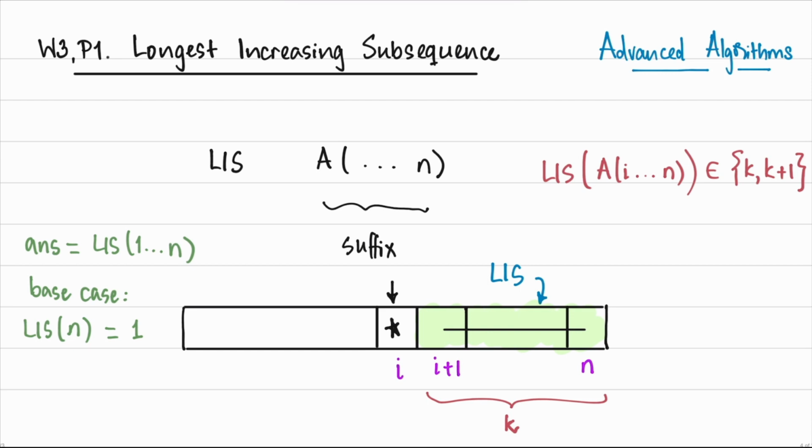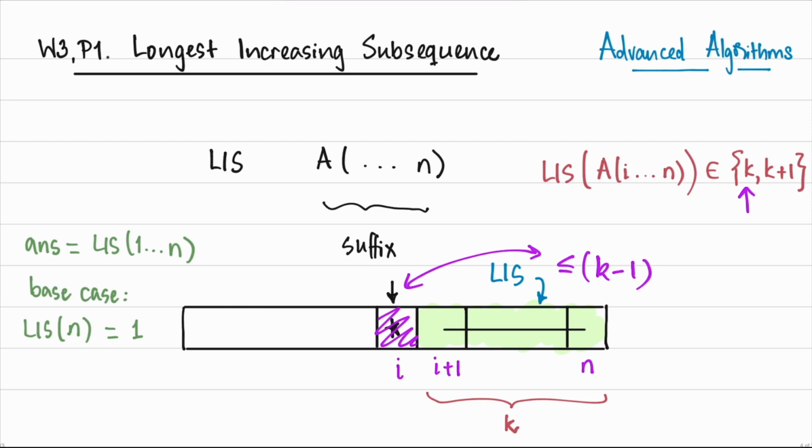Because the only way that the answer is k plus 1 is if we can combine this guy with something that is a longest increasing subsequence. Anything shorter will not work, because if you take some shorter increasing subsequence of length at most k plus 1 and combine this with that, then you will end up with an increasing subsequence of length k itself. So you get stuck here only, right?